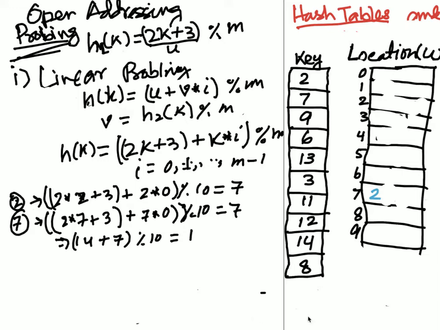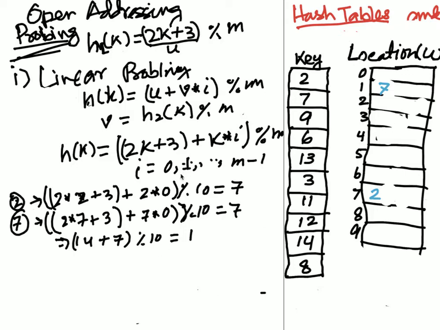Now we see that position 1 is unused, so 7 will come over here. But if this position was already used, then we increase i again and look for the next empty position.